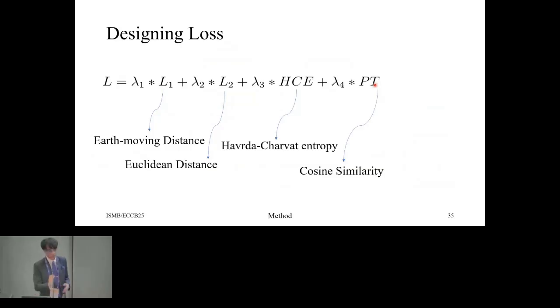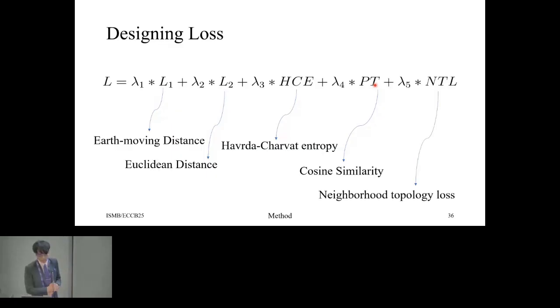The cosine similarity between each variable should be conserved. And we added something called neighborhood topology loss. So the topology should also be conserved. That is to say, if I'm here and someone is healthier than me and someone is less healthy than me, this order should be preserved in the other space. These two are my neighbors. When I'm mapping myself to another space, those two should still be my neighbors.